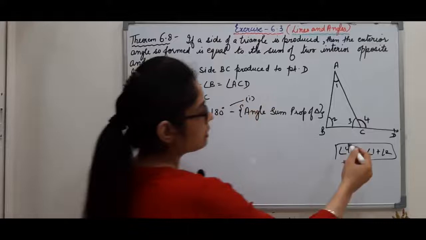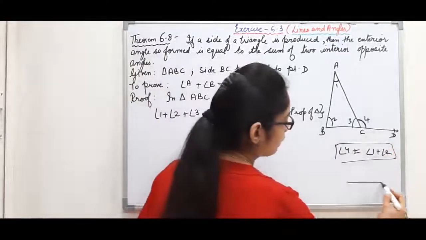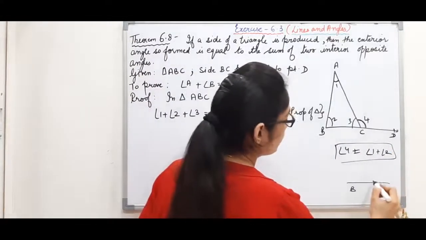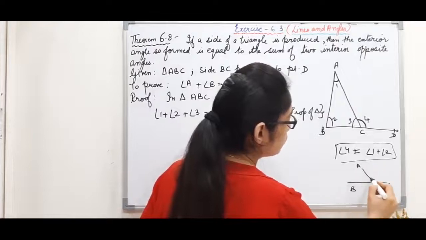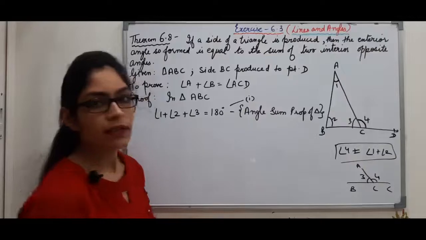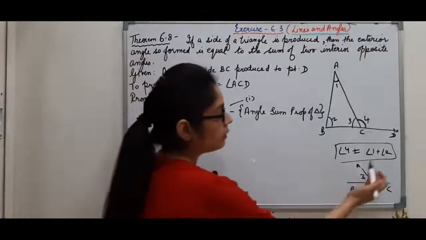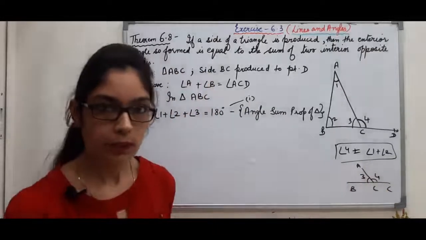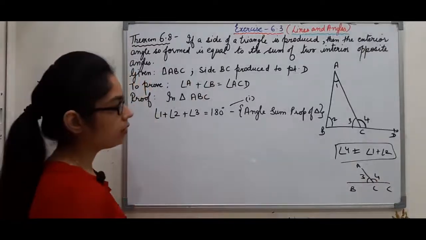Now if we see, BC is a straight line on which ray AC stands. So two angles are there, angle 3 and angle 4. So they are making a linear pair. So directly we can use angle 3 plus angle 4 is also equal to 180 degrees because it's a linear pair.